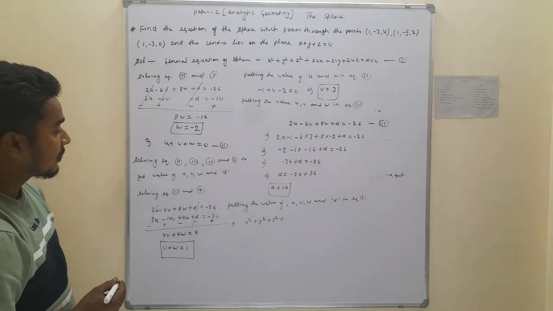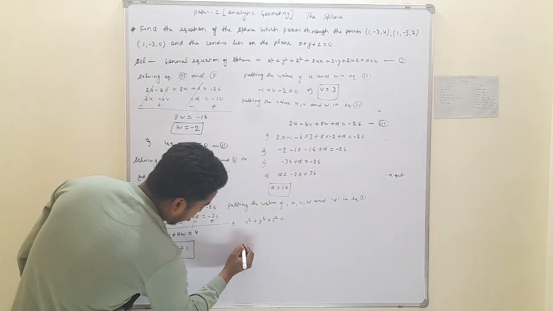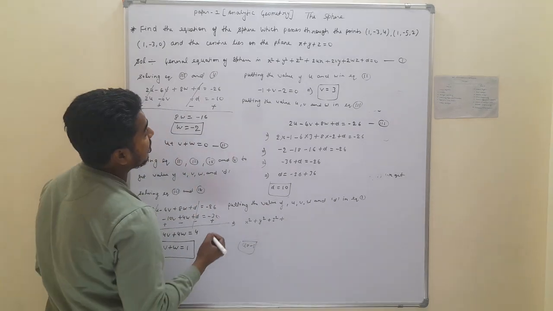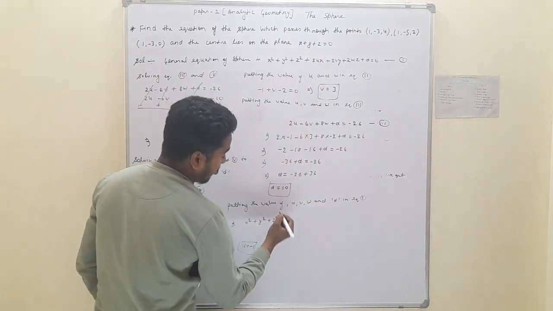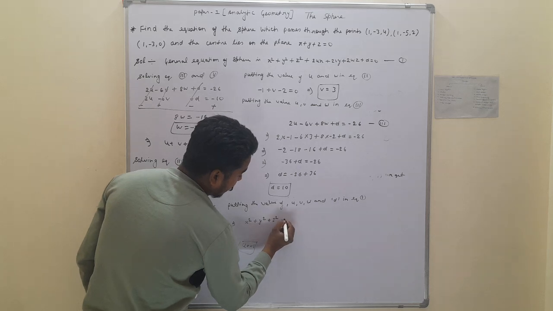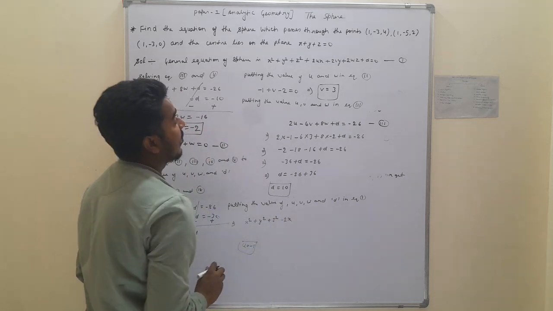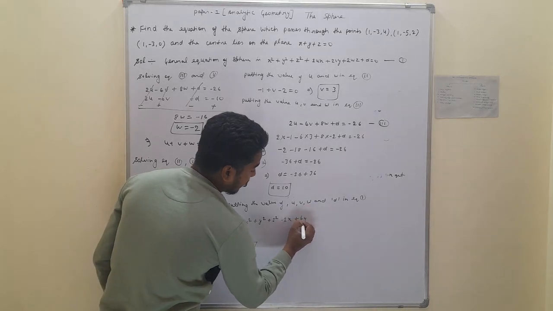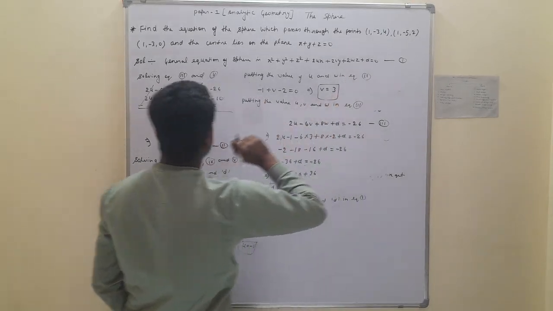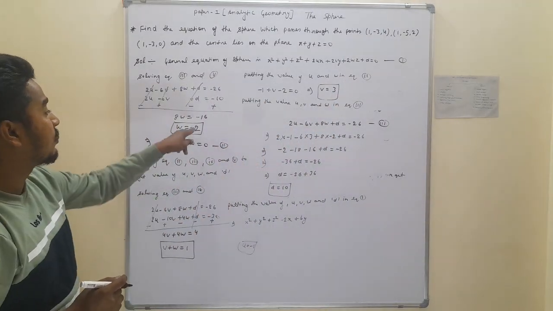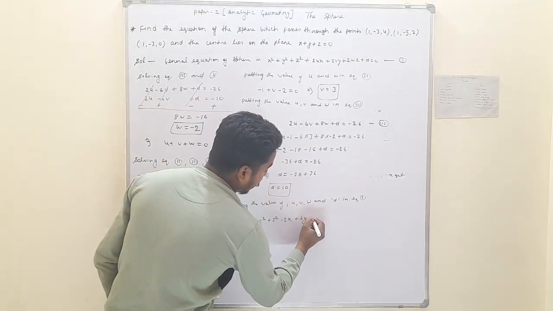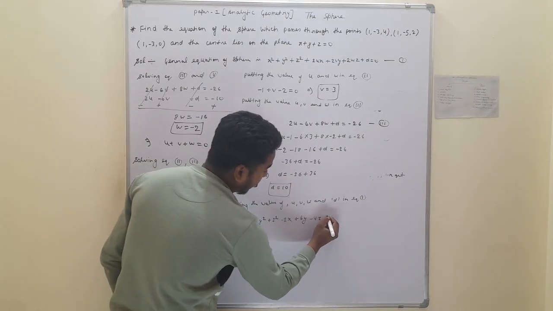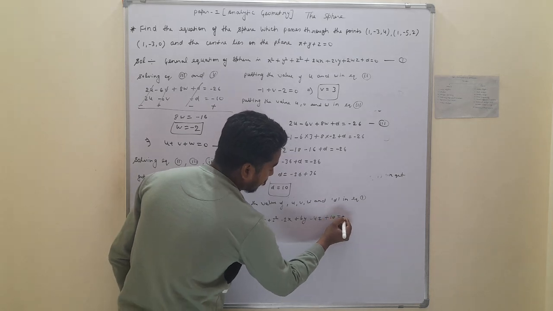Here u is equal to minus 1, putting it here, we get minus 2x, and v is equal to 3, we get plus 6y, and w is equal to minus 2, we get minus 4z, and d is equal to 10, plus 10 is equal to 0.